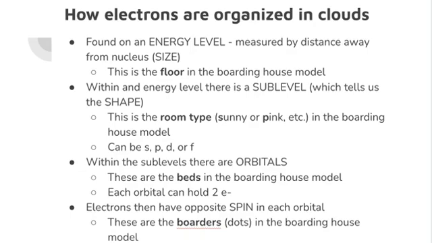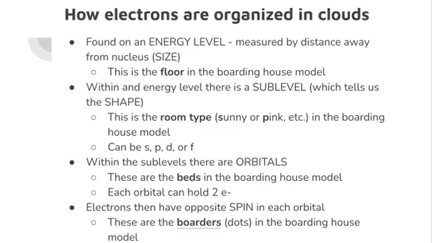So the 4 different sublevels we're going to learn about means that the space that they can be found in could be spherical, or almost look like a balloon or a barbell shape. So that means that that electron floats within that area of that shape. We are going to call those the type of room. So within your sublevel, you could either have an S or a P room.